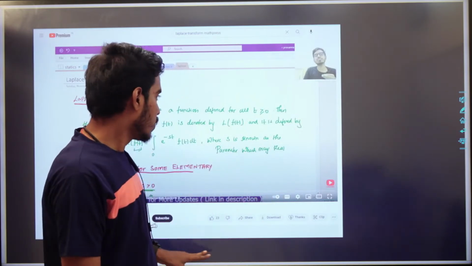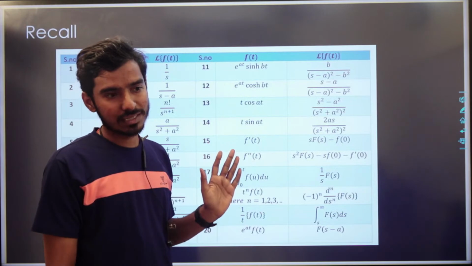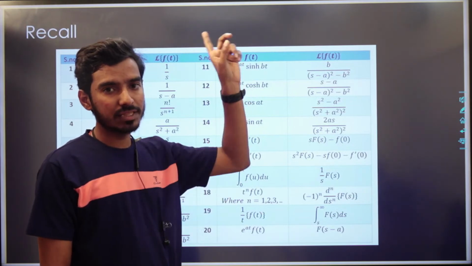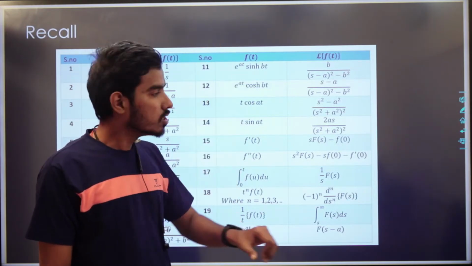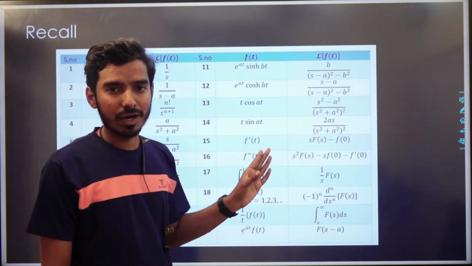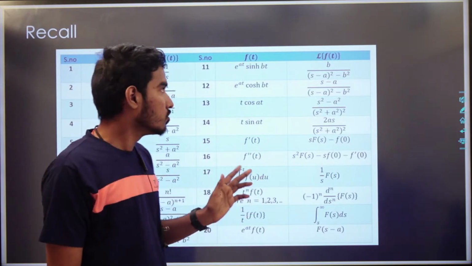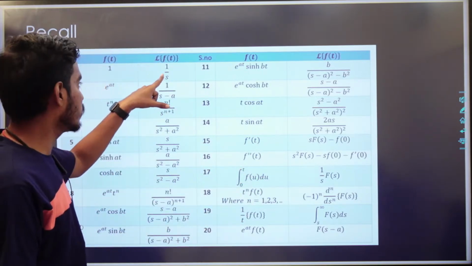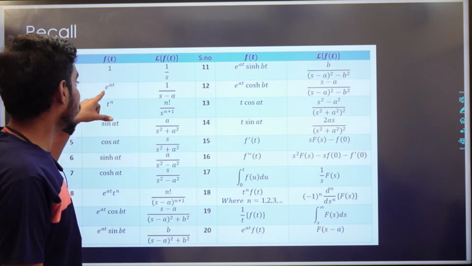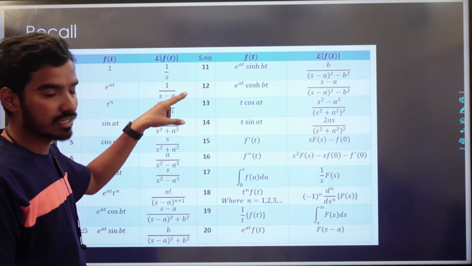These are the basic formulas of Laplace transform, which we have already discussed in that 7 hours video. I have also given the proof of all these formulas. Laplace transform of 1 is 1 by s. Laplace transform of e power at is 1 by s minus a.